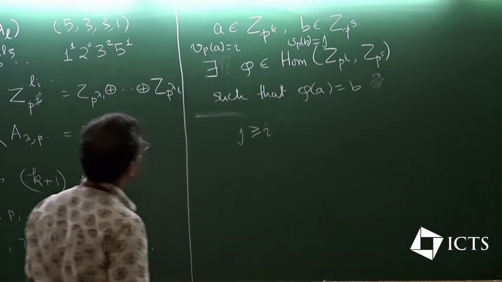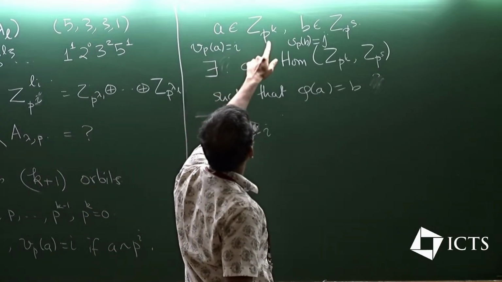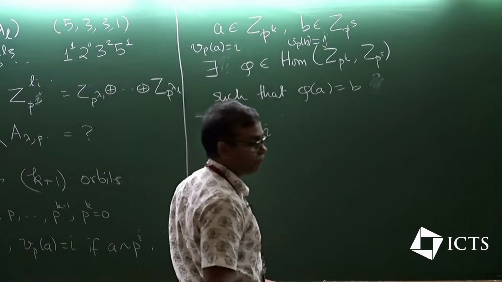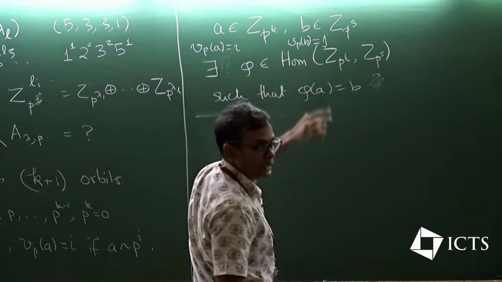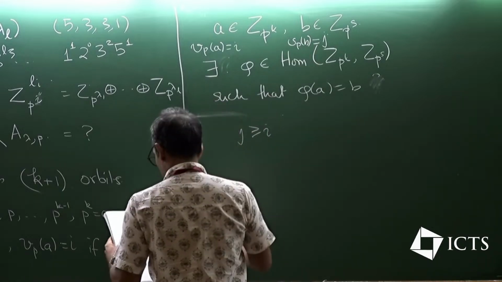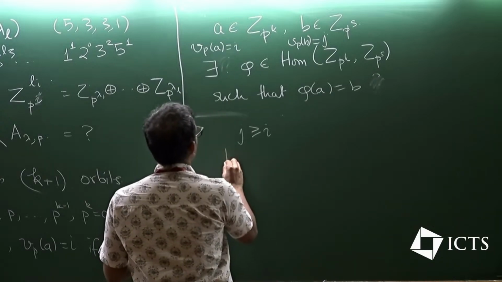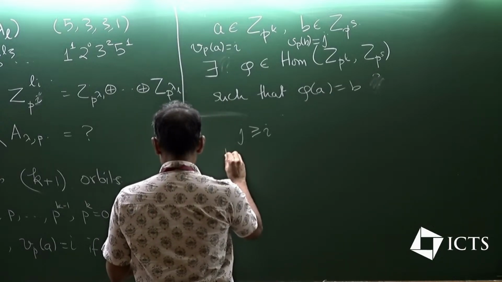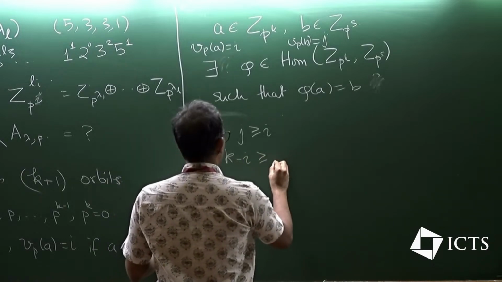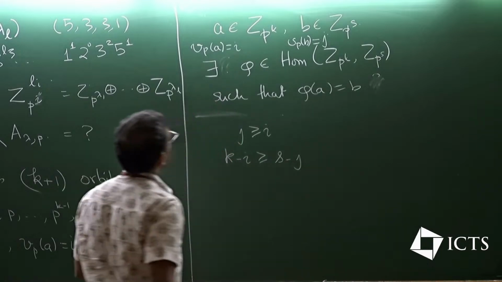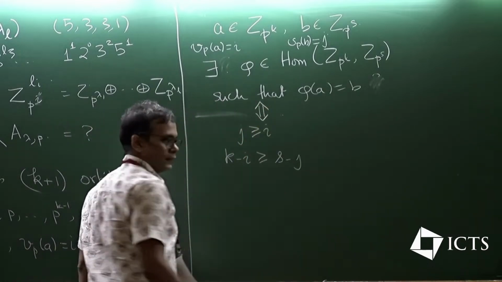Then the order of p to the i is k minus i, and that order should be greater than or equal to the order of b. So the second condition is that k minus i is greater than or equal to s minus j. It is easy to see that this is an if and only if condition.